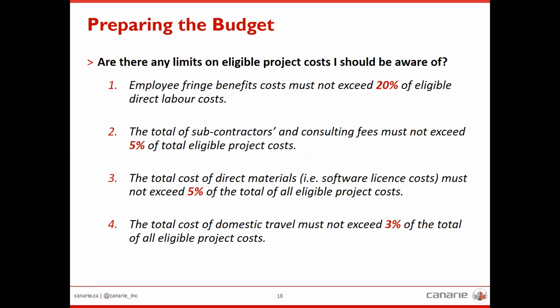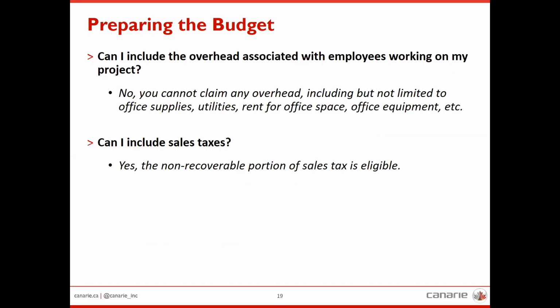The total cost of the direct materials, for example, the software license fees, must not exceed 5% of the overall project budget. And last, the total cost of domestic travel must not exceed 3% of the total of all eligible costs. One thing to highlight is domestic travel should be within Canada. Anything else outside of Canada is generally not eligible. Next slide, please.